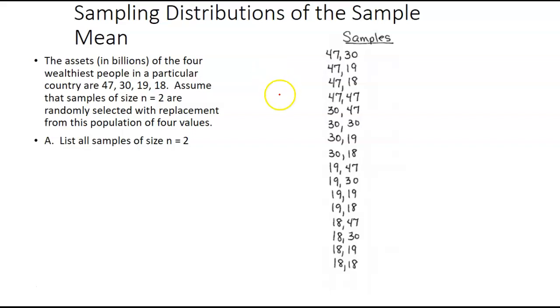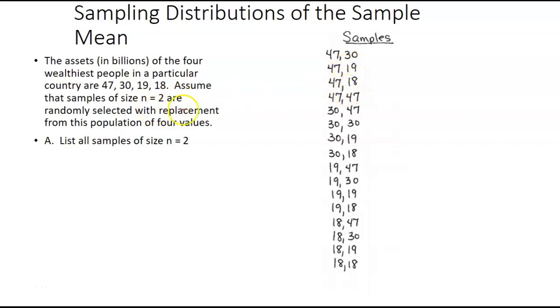To save on time, I just went ahead and wrote these out. But if we want to list all samples of size n equals 2 from this population, we just want to keep ourselves organized. If I pick 47 first, my second one might be 30. Then I might have 47 and 19, 47 and 18.